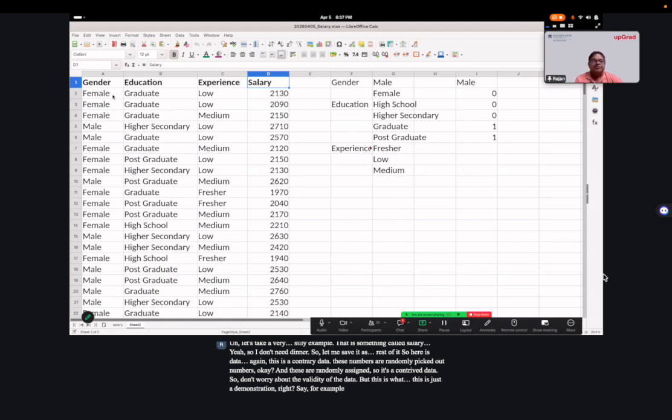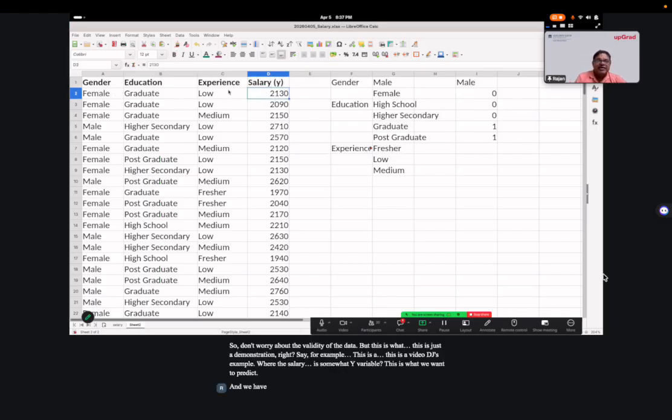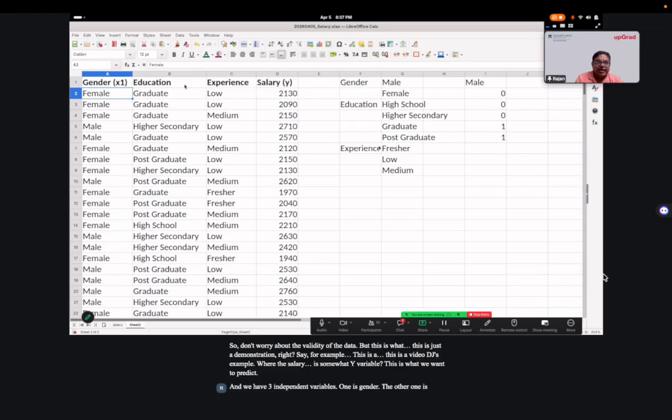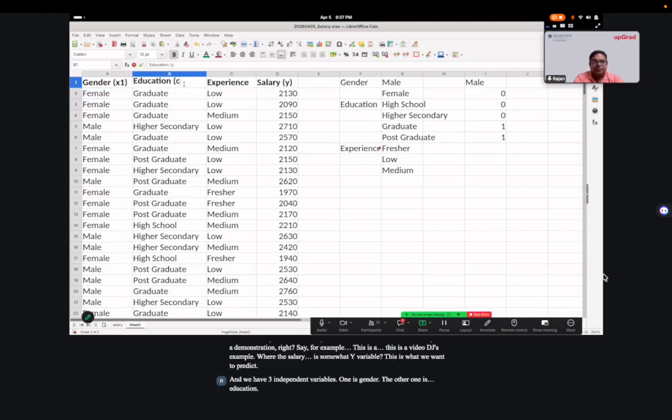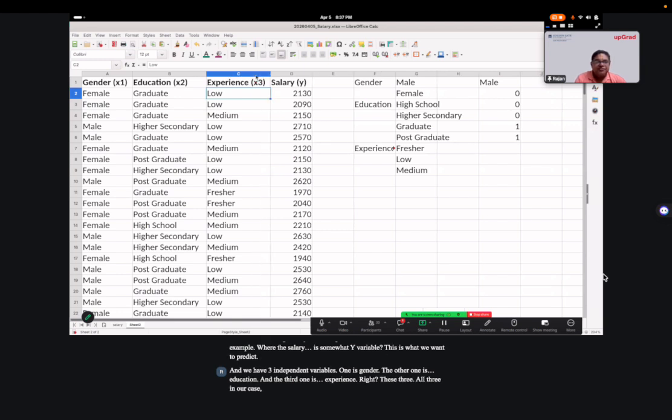Say for example, this is a very egregious example where the salary is our y variable. This is what we want to predict, and we have 3 independent variables: gender, education, and experience. All 3 in our case are categorical variables.